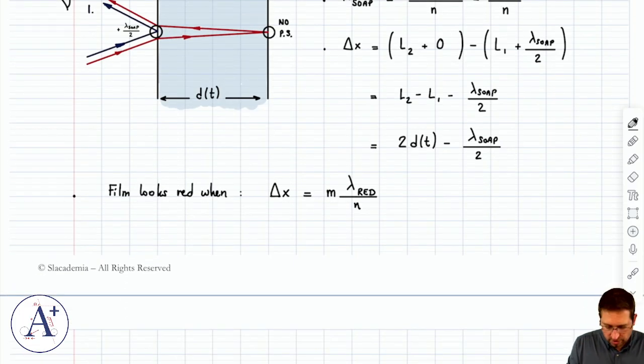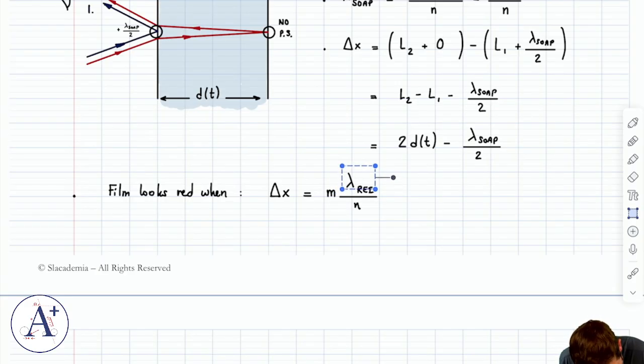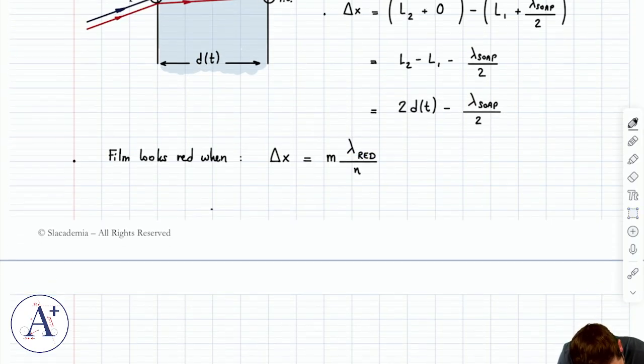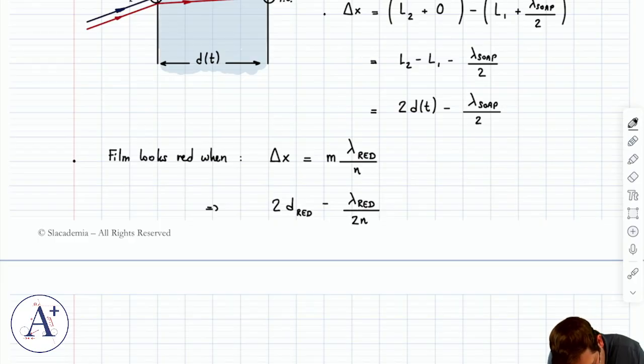Okay, so as long as we're clear on that, and we were just careful with that, then we can say, okay, delta x is going to be m lambda red over n. What does that mean? Well, that means that 2 times d, let's call it d red, minus lambda SOAP is just lambda red over n. So this is over 2n, just to be clear, right?